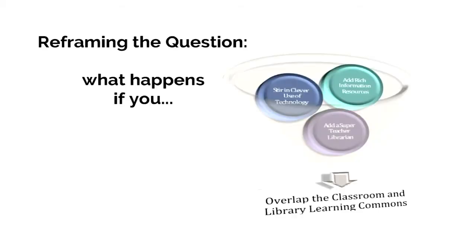We thought about that for a while. We kind of reframed that question to say, if you have a classroom teacher who is willing and you merge the classroom learning experience into the library learning commons so that they're one entity, and you overlap the rich information environment of the learning commons and all the tech tools that are there, and then you add this second person to the learning experience who is a second professional known as the teacher librarian, what do you get?